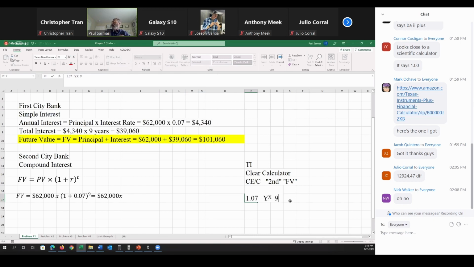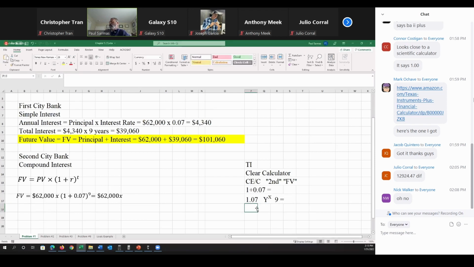Then you put 9 and then press equal. The calculator should give you 1.8385.